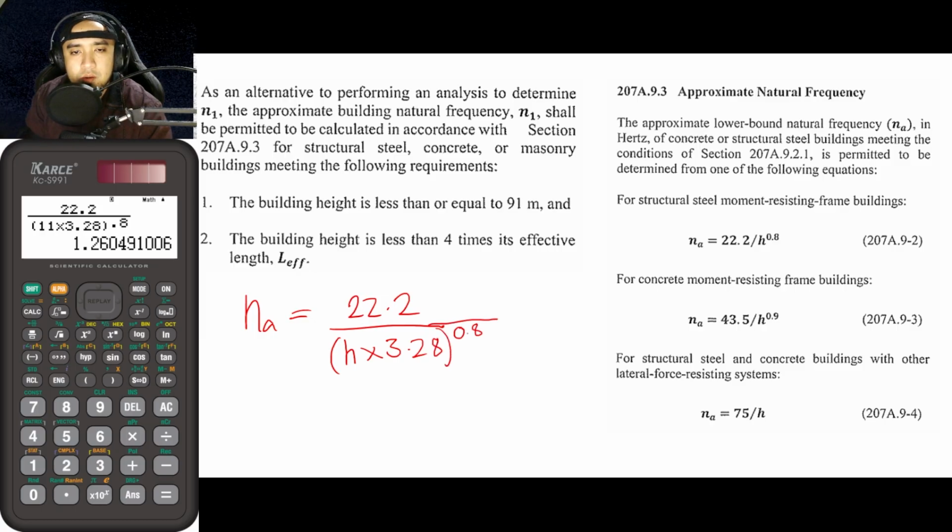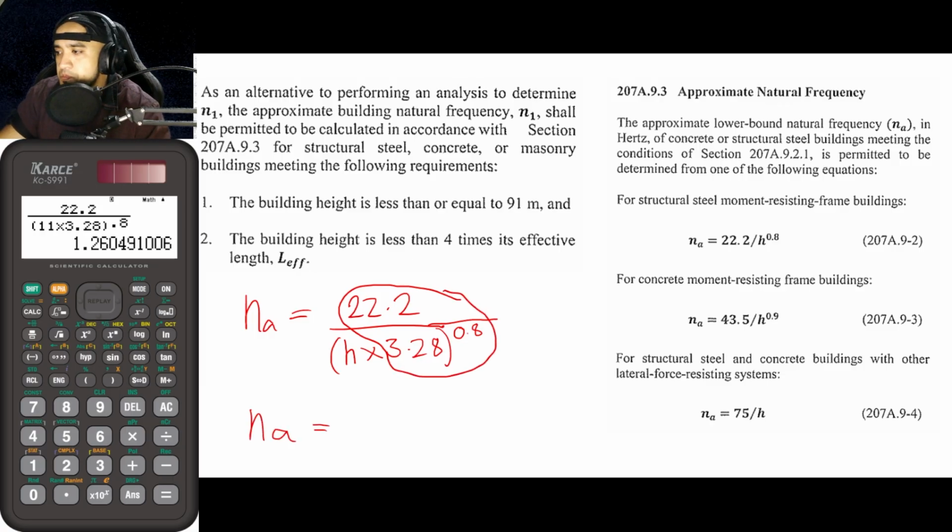Okay? So, as you can see, we could actually simplify this equation here. Then from that, Na is now equal to, simplifying the values that I have encircled, 22.2 divided by 3.28 raised to 0.8.